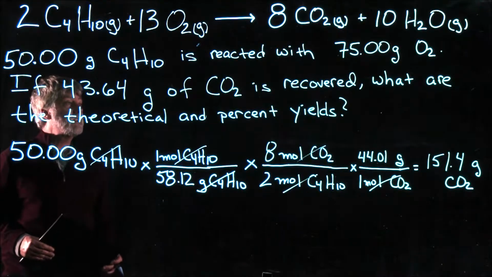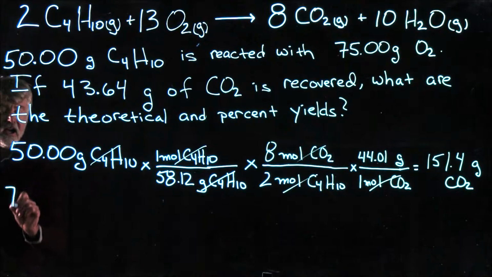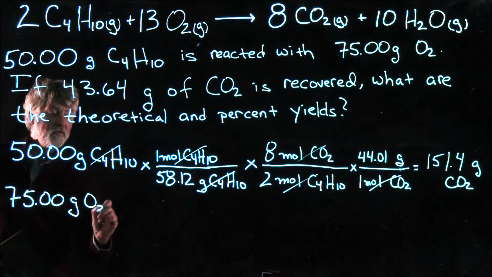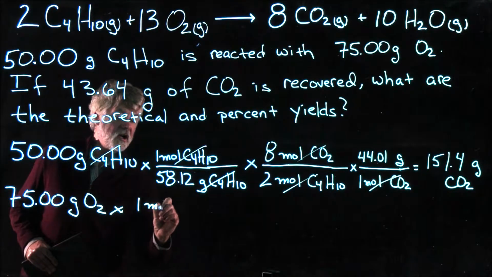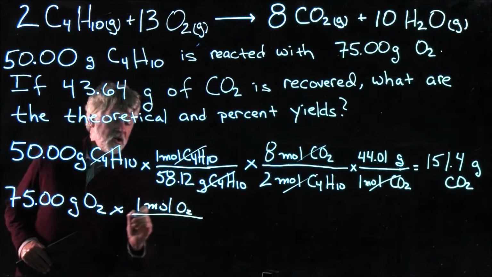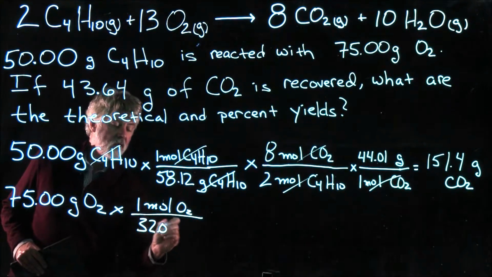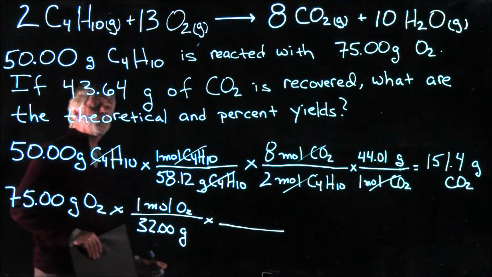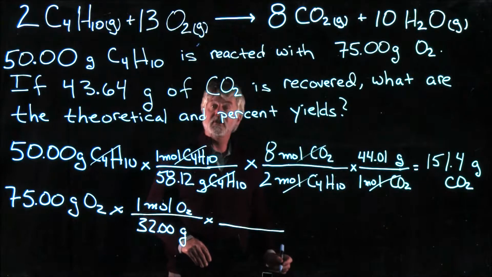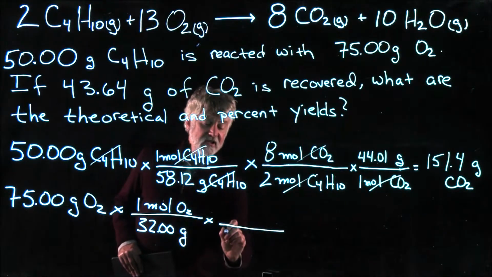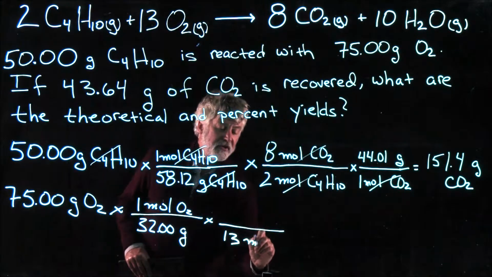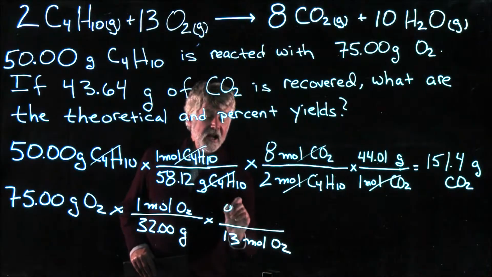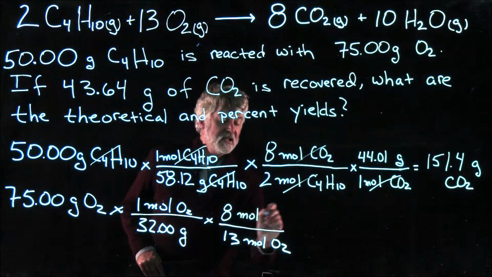According to our problem, we've got 75 grams of O2, and 1 mole of O2 weighs 32.00 grams. Again, at this point, we have to use the coefficients in the balanced equation, and we see that 13 moles of O2 is required to make 8 moles of CO2.